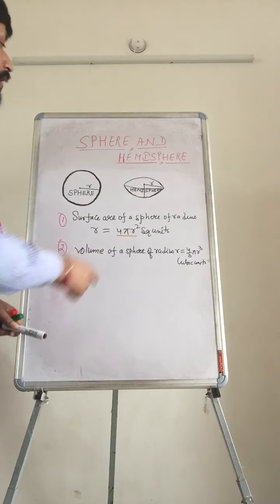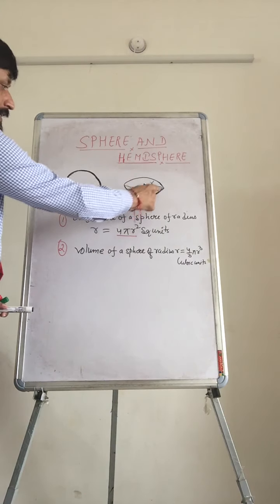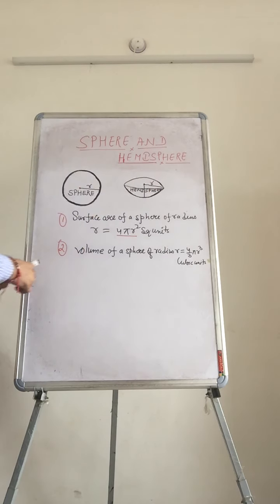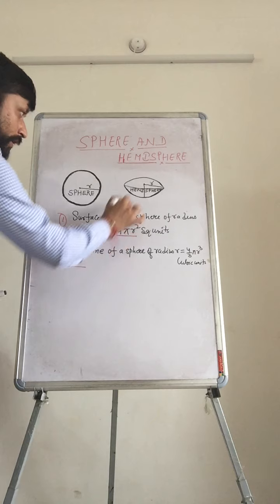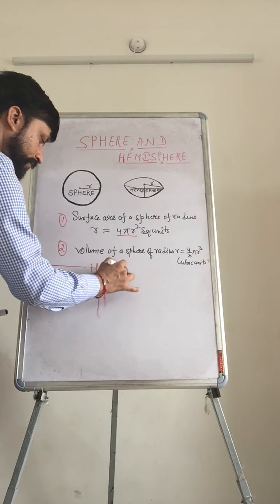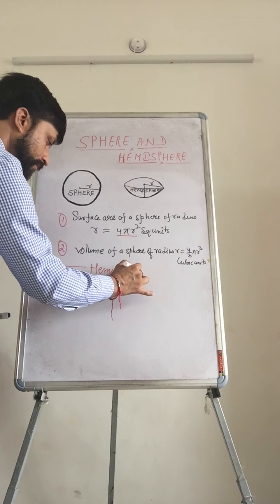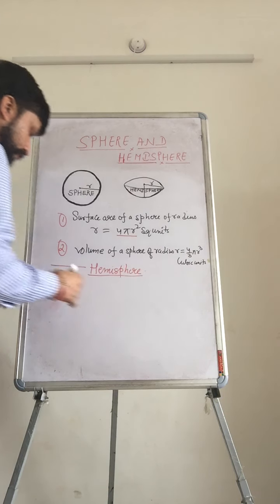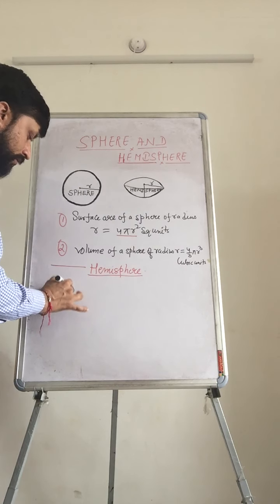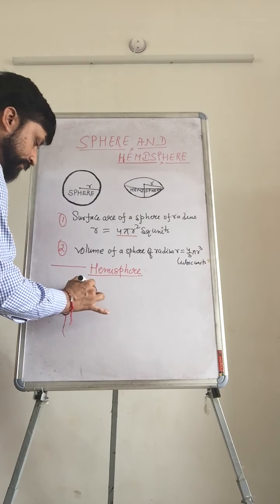Now, how to find curved surface area, total surface area and volume of a hemisphere. Number 1, curved surface area.